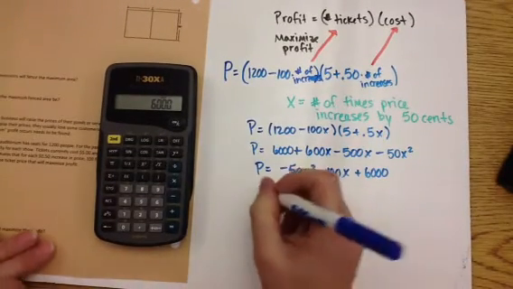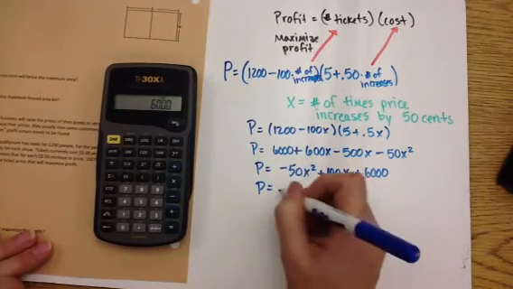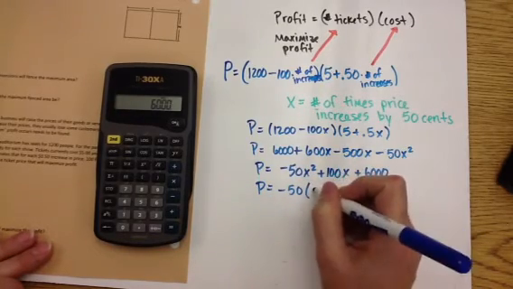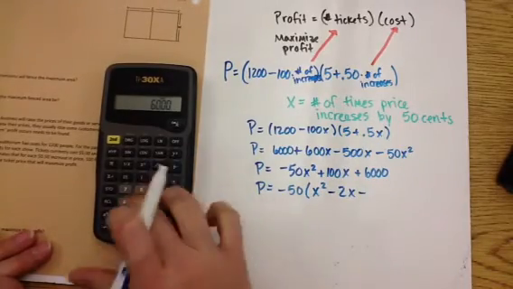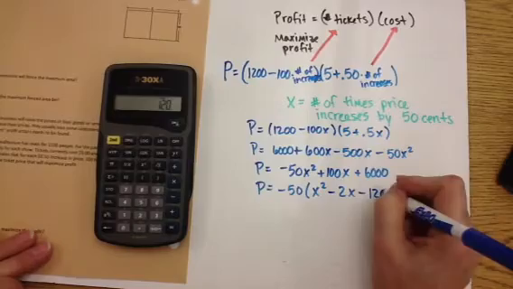So we can take out a greatest common factor. Now let's divide out negative 50. That gives me negative 50 times (x squared minus 2x minus 6,000 divided by 50, which is minus 120).